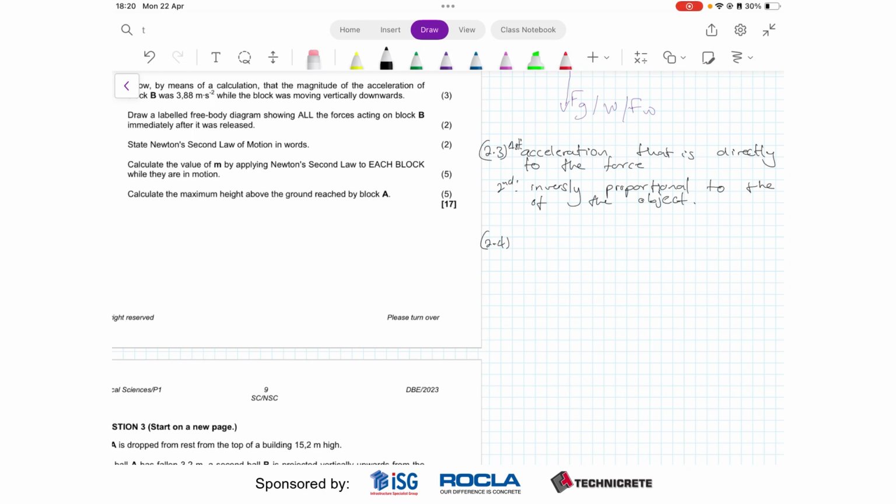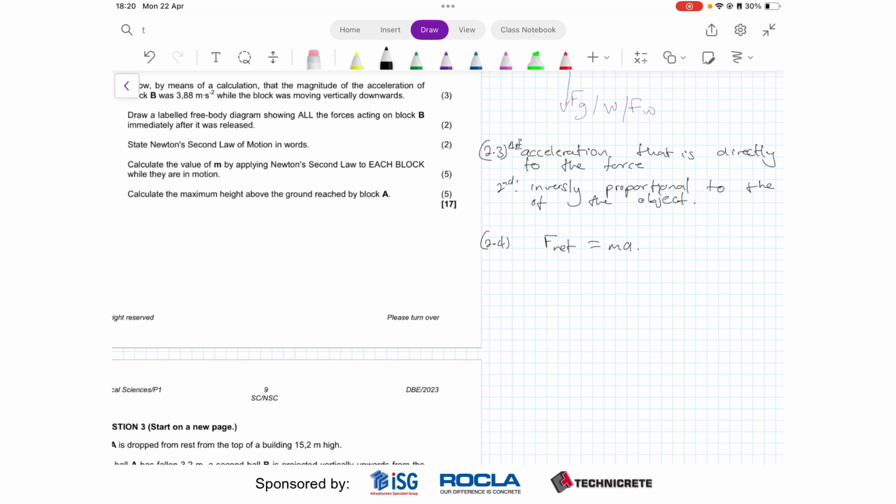Okay, so the first thing that you're going to do for this question, because it is looking for the value of m on the second block, or the value of m to each block, we start with F net equals ma. That is always the beginning of our formula.